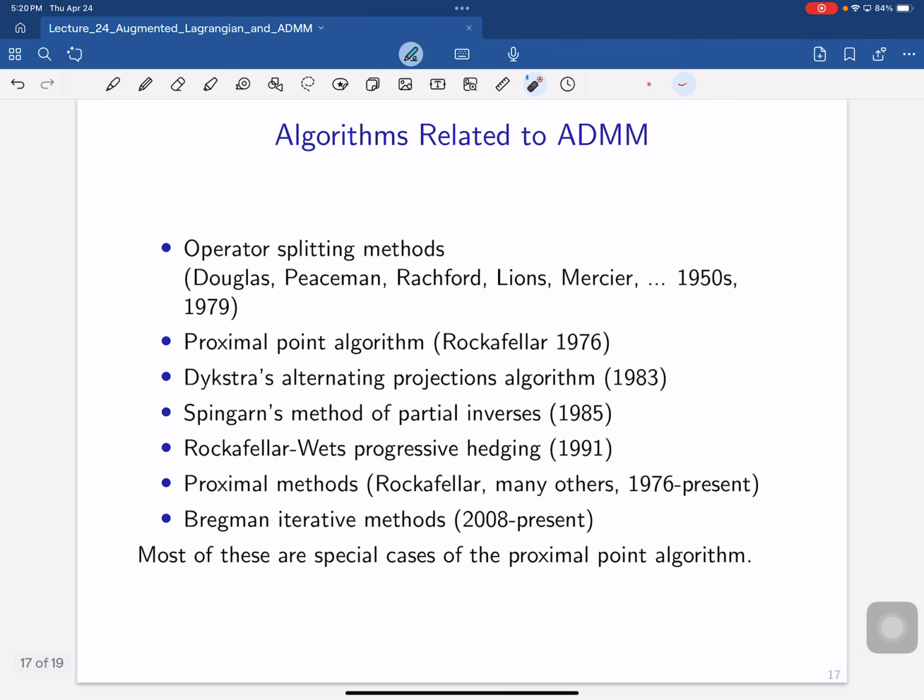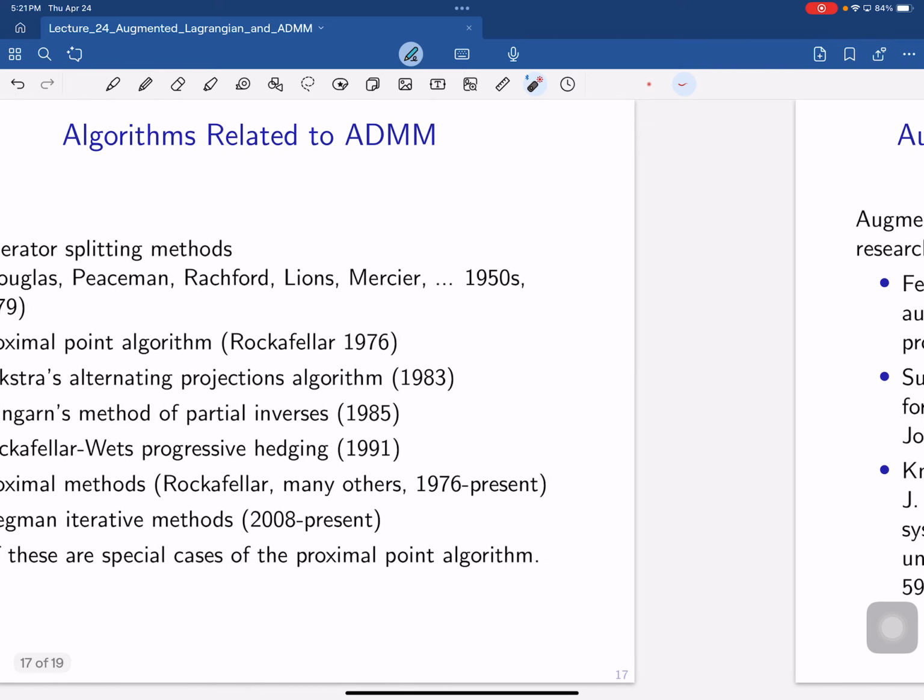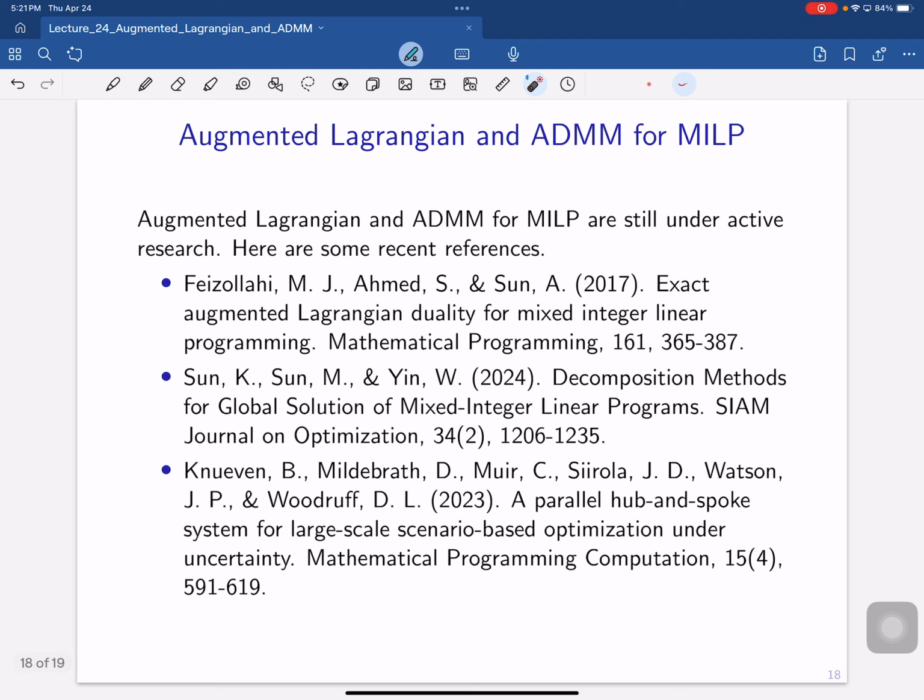There are a few other methods related to ADMM in the literature. They are called things like operator splitting methods, proximal point methods. There are also things called progressive hedging methods. When you have seen this, they look very similar to ADMM. Okay. Yeah, so I want to give a few comments on the application of ADMM to mixed integer linear programming problems, right?